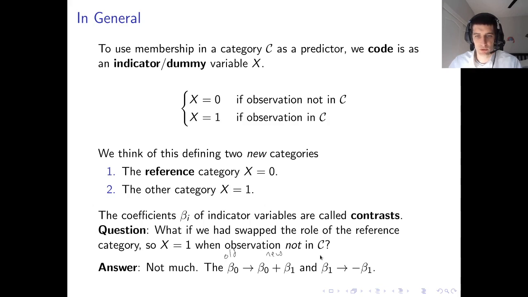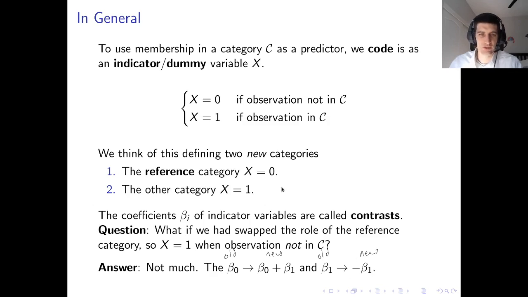So what will happen if we do this swap? Then x equals 0 would correspond to being in the category, and so your new intercept would be beta 0 plus beta 1, and then you would subtract off the adjustment in order to get back to what you originally had. So the actual encoding itself doesn't change the predictions.